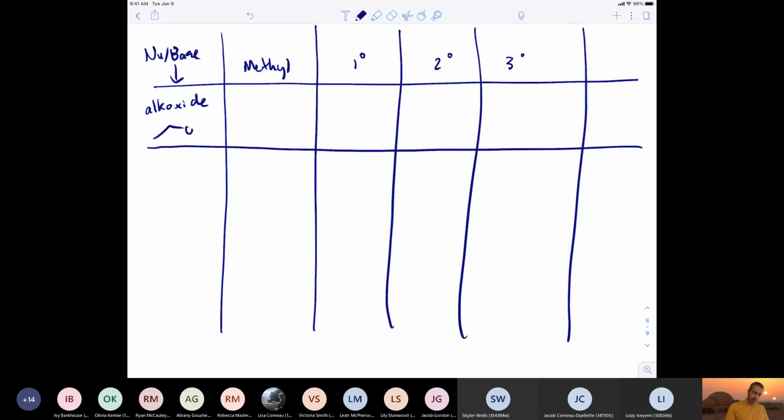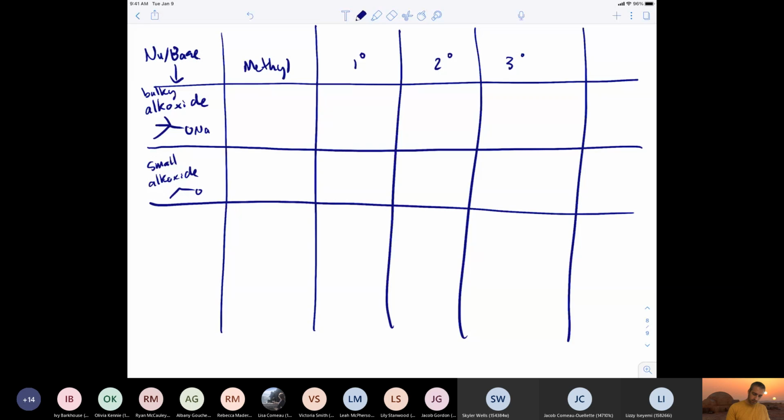Alkoxide. Actually, I'm going to make it like this. This is going to be a bulky alkoxide, bulky alkoxide, small alkoxide. Bulky ones are tertiary, small ones are primary.